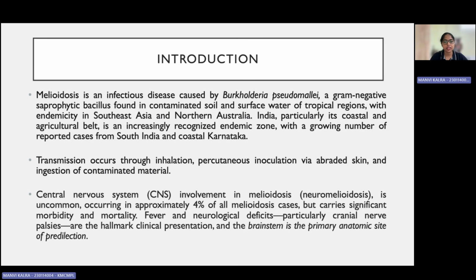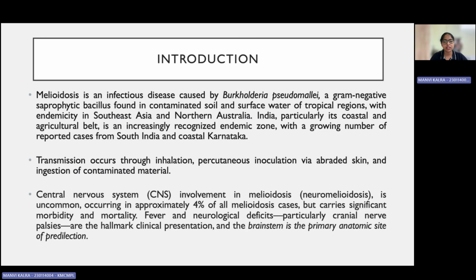Transmission occurs through inhalation, percutaneous inoculation via abraded skin, and ingestion of contaminated material. CNS involvement in melioidosis is uncommon, occurring in approximately 4% of cases, but carries significant morbidity and mortality.